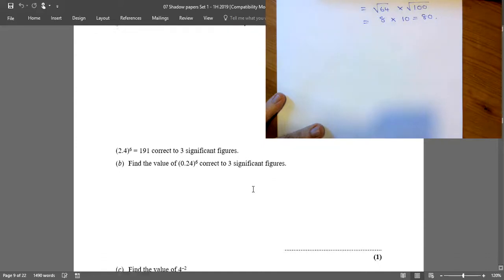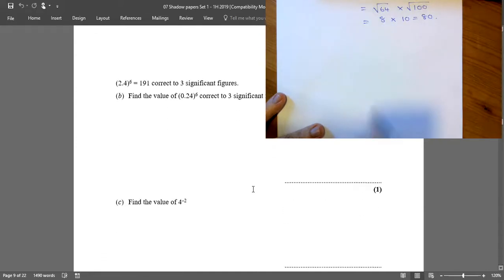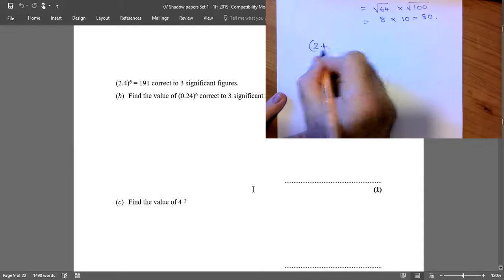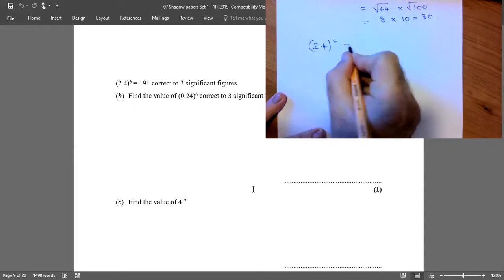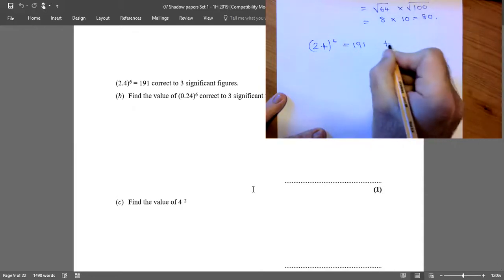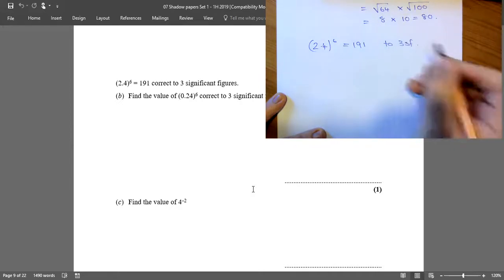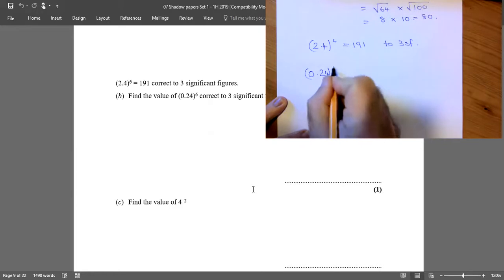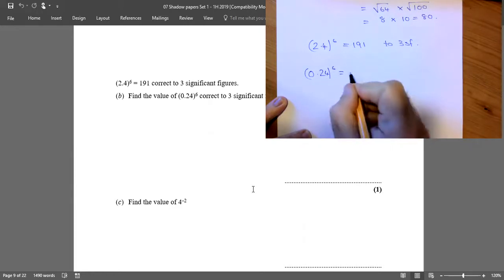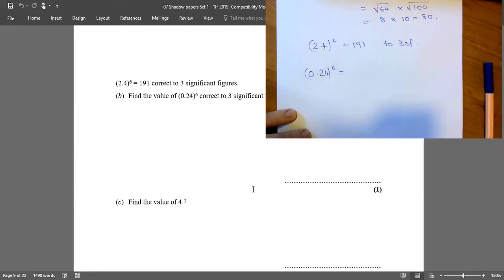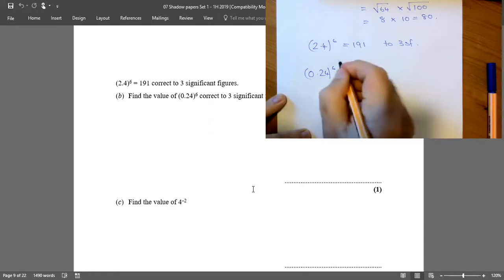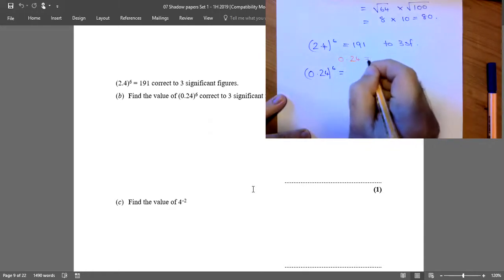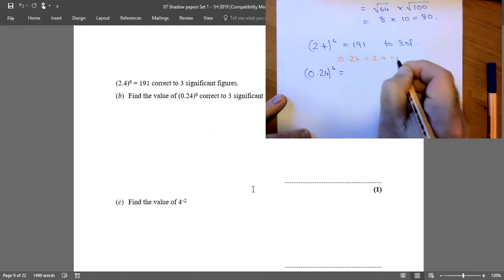Now, 2.4 to the power of 6 is 191 to 3 significant figures. So 0.24 to the power of 6. Well, 0.24 is 2.4 divided by 10.